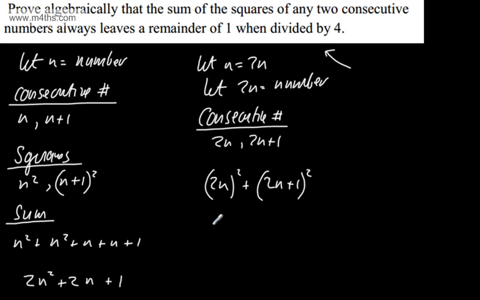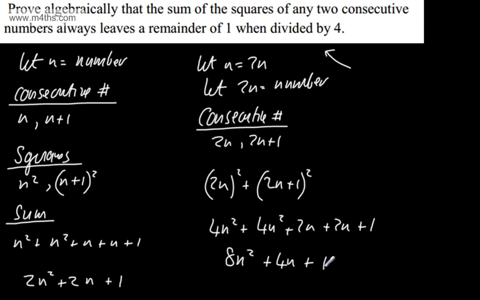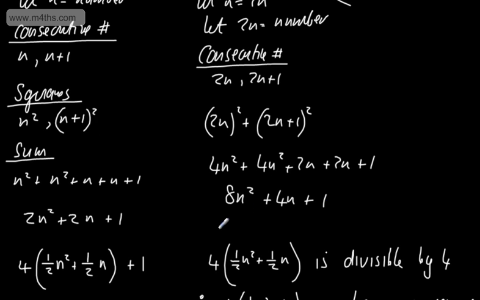So with this one, what I'd have now is 4n squared plus 4n squared plus 4n plus 1, which is going to give me 8n squared plus 4n plus 1.